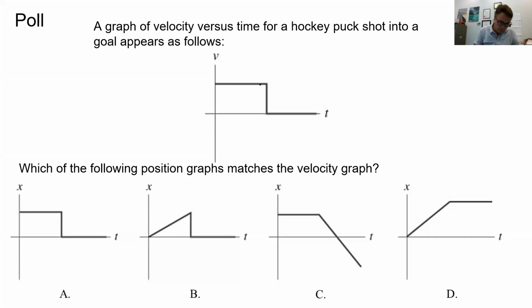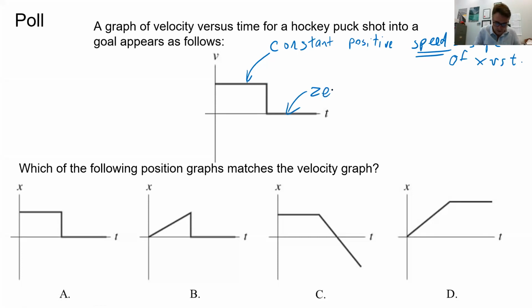What I'm thinking here is that you've got constant speed, that's positive. Speed equals a positive slope of the x versus t graph. Constant slope, and then all of a sudden you've got 0 speed, meaning that x is constant.